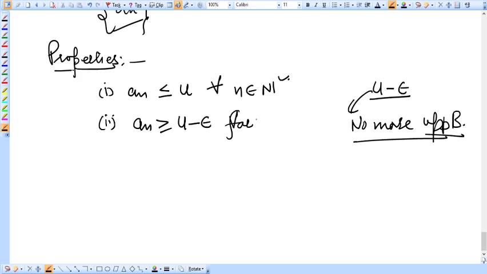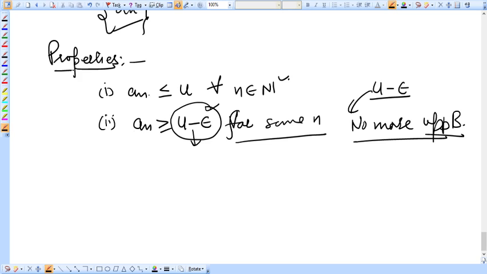You just write for some n. If I subtract something from this least upper bound, then it will not remain an upper bound. What does it not remaining an upper bound mean? There will be some terms in the sequence which are bigger than it. This is what we meant by a non upper bound. So these are two properties of the upper bound.